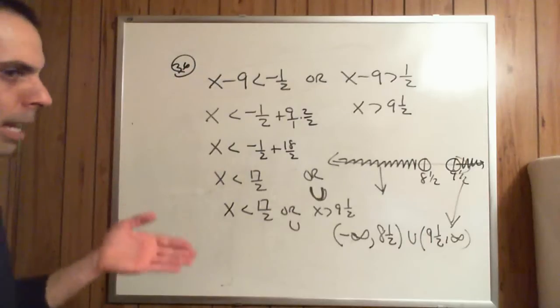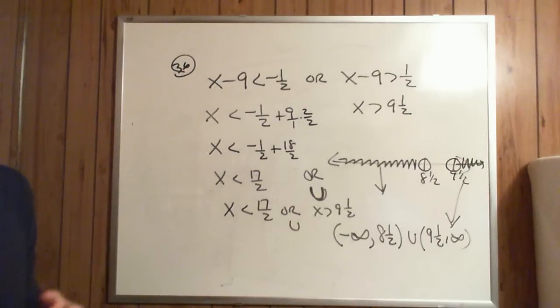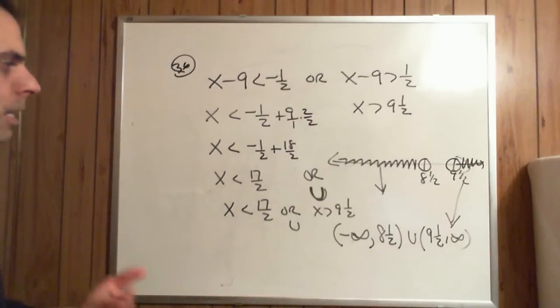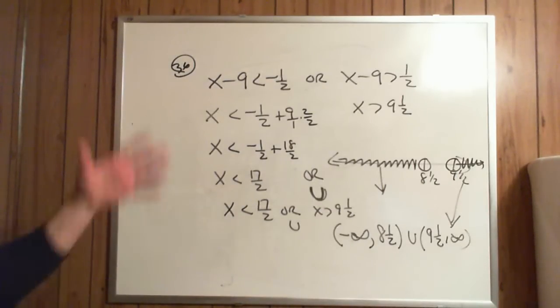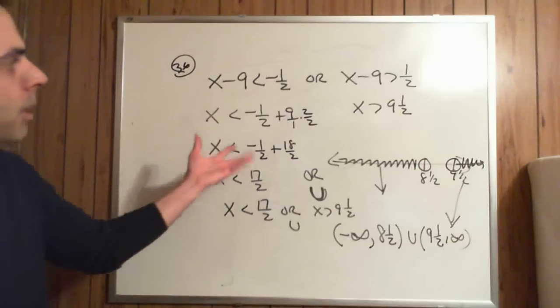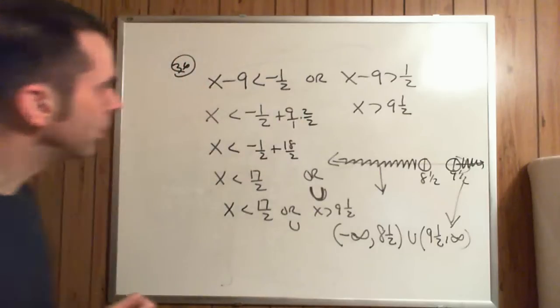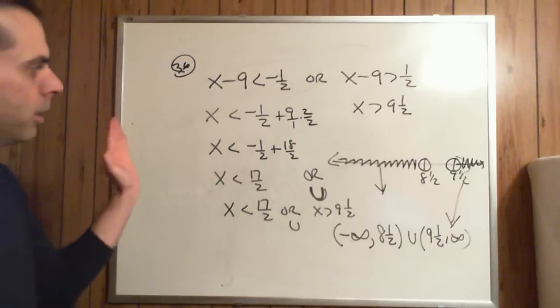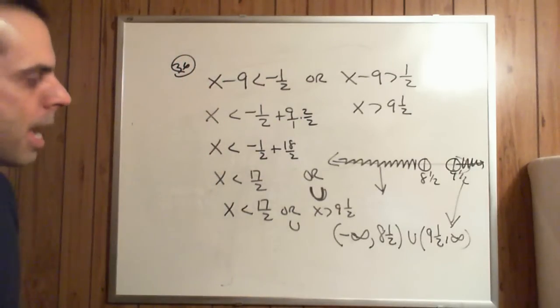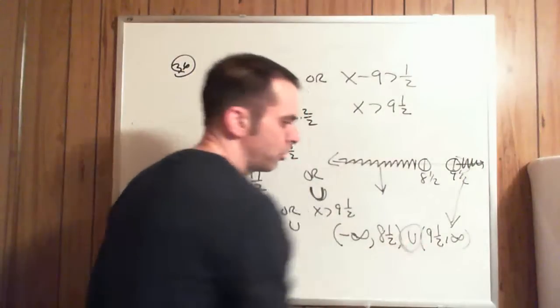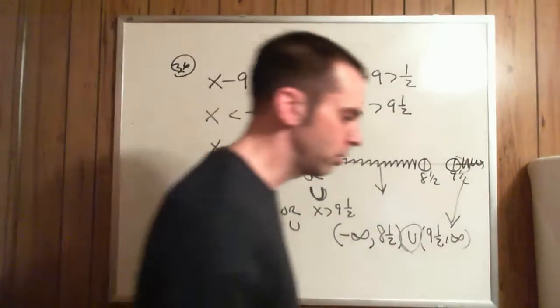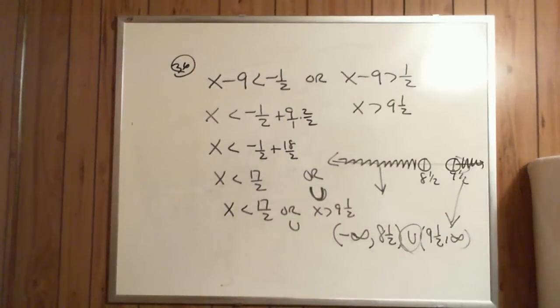It only needs to satisfy one of the conditions, but with and, we need to satisfy both conditions. Okay, so this is just how we solve two inequalities joined by or. Solve them each separately, graph your answers, and then unite your answers using or. And that concludes the last section.